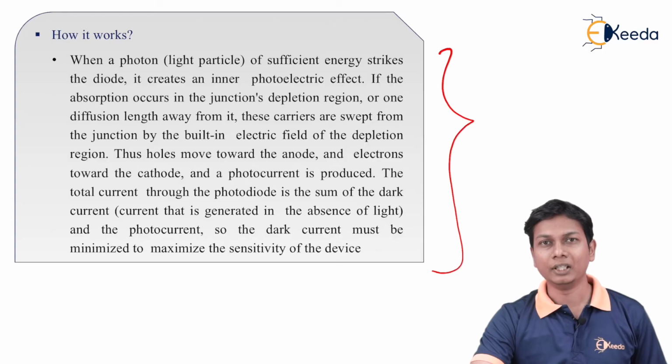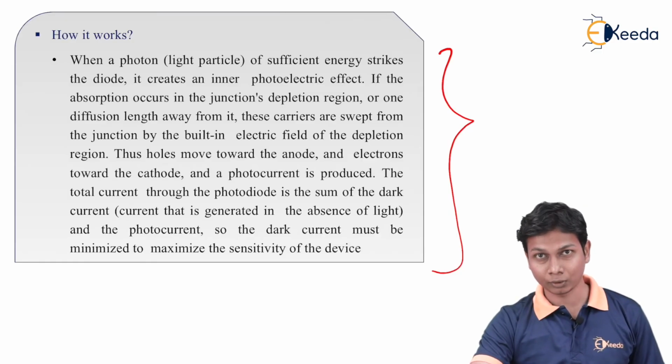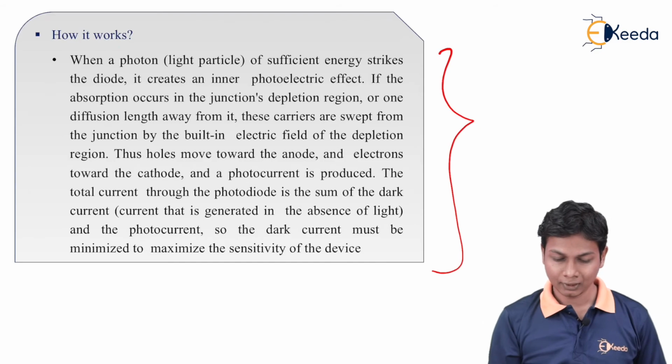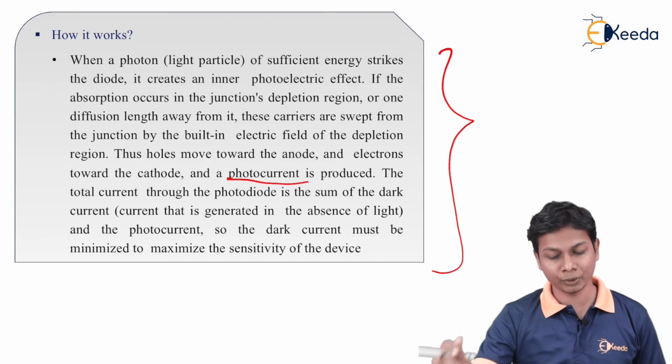So when the electric field occurs from anode to cathode and the electrons move, photocurrent is produced.